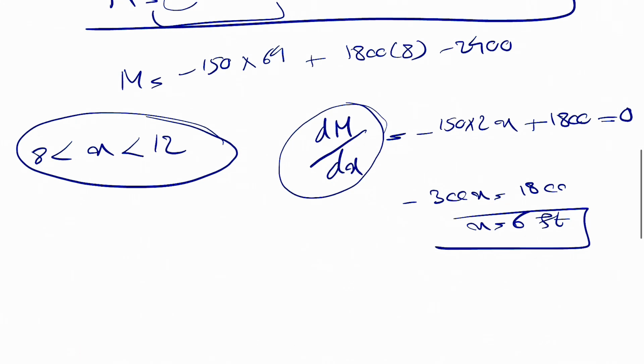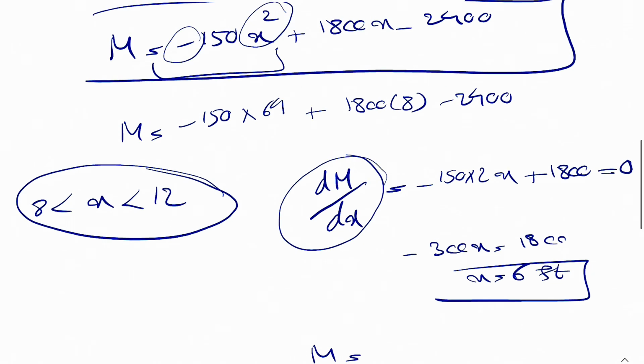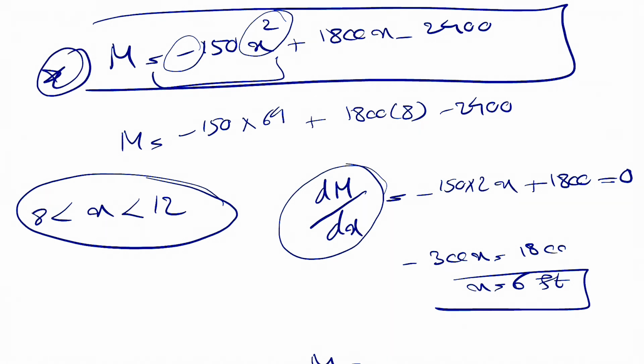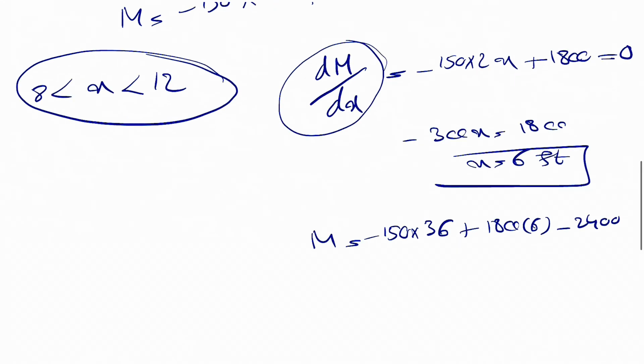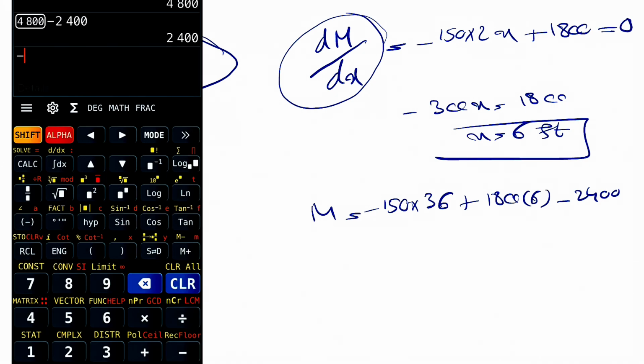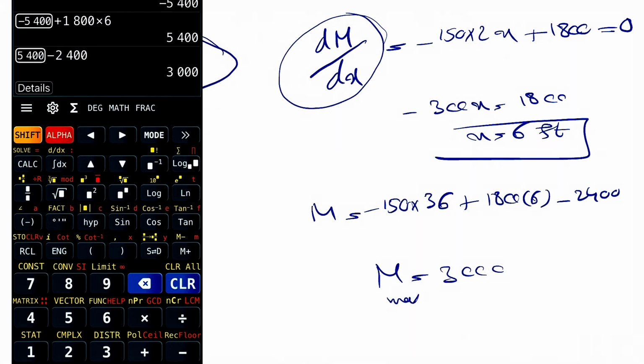And if we just put the 6 in the moment equation that we had in here, we're going to get our moment. So minus 150 times 36 plus 1800 times 6 minus 2400. Let's calculate this, and that's going to give us 3000, which is going to be our maximum of the moment, in pound-foot.